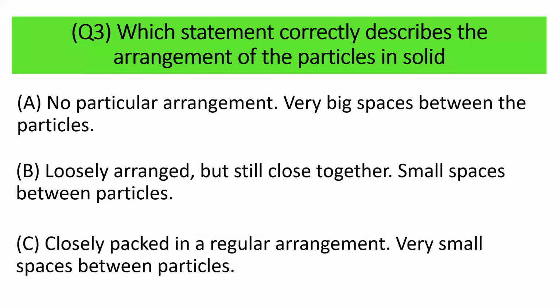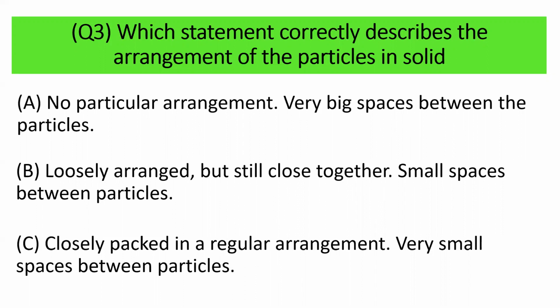So question 3, which statement correctly describes the arrangement of the particles in a solid? Is it A, solids have no particular arrangement and very big spaces between the particles? Or B, they have loosely arranged particles which are still close together, but there are smaller spaces between the particles?